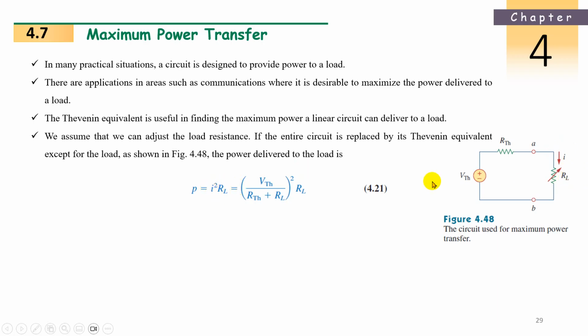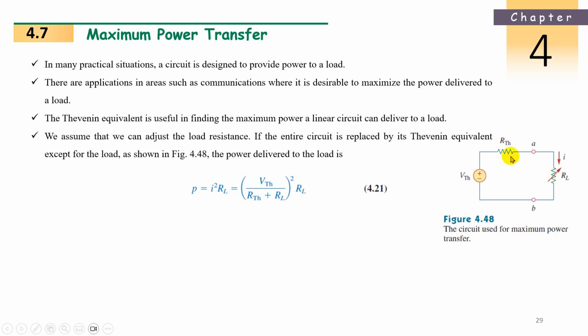Now what is I in this? We can use the voltage division rule. What is I? It is the total voltage multiplied by the same resistance where we want to find the I, divided by the total resistance. So I is nothing but V Thevenin divided by R Thevenin plus RL.